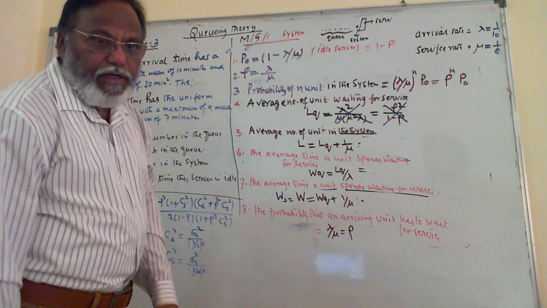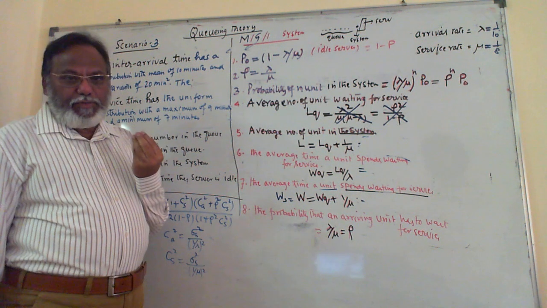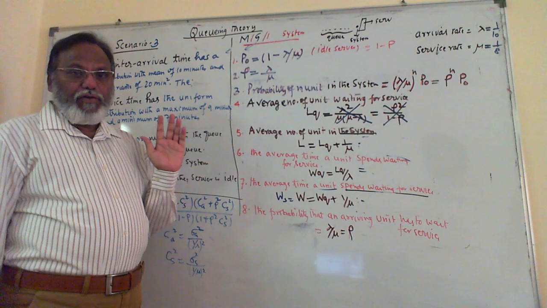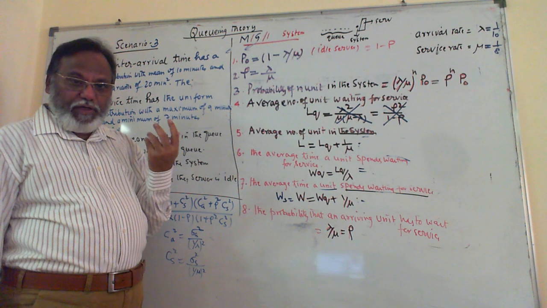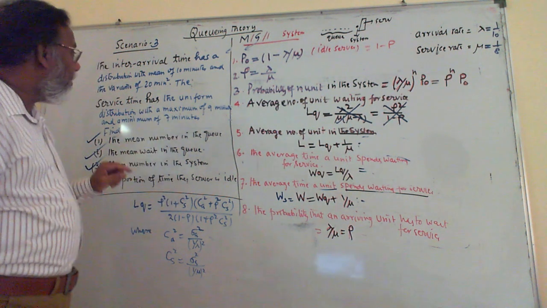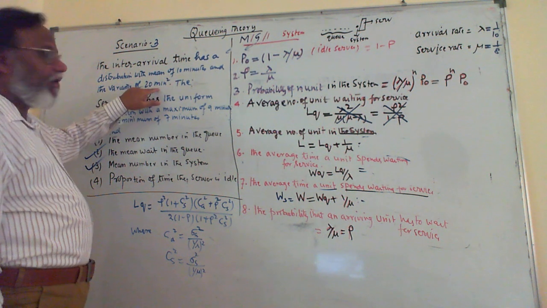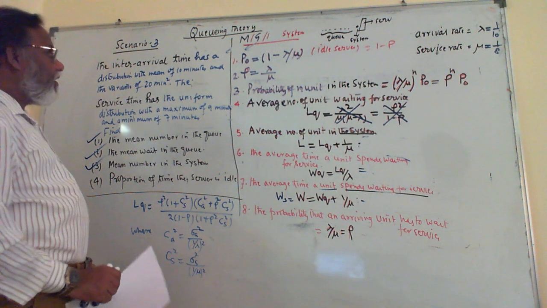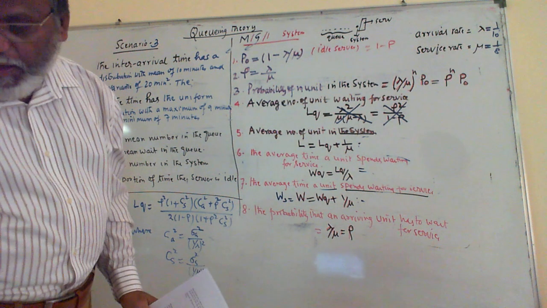The question doesn't say that it follows a Poisson or exponential distribution. It has given a distribution, here a gamma distribution, but the mean and the variance are already given. This is for your arrival.